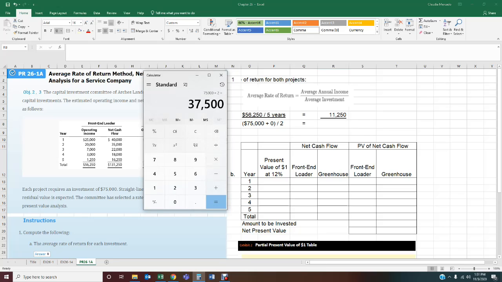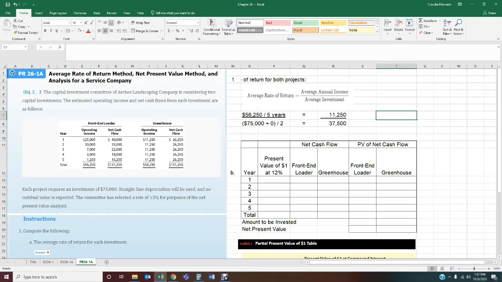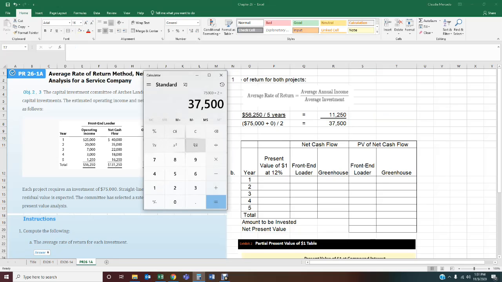That gives me 37,500. And now I can do my final calculation. That's going to give me 11,250 divided by 37,500, and then I'm going to multiply times 100 to give me a percentage of 30%.